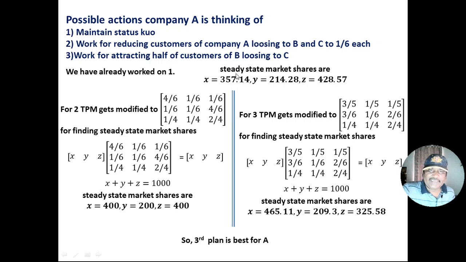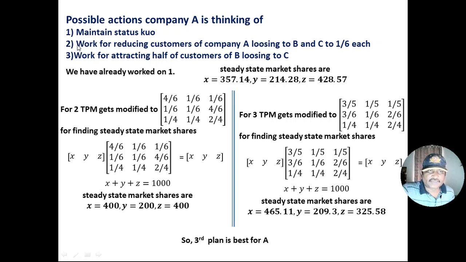So company A will choose that course of action which will result in maximum market share for company A in the long run steady state. So here, by doing nothing, by maintaining the status quo, the market share is 357.